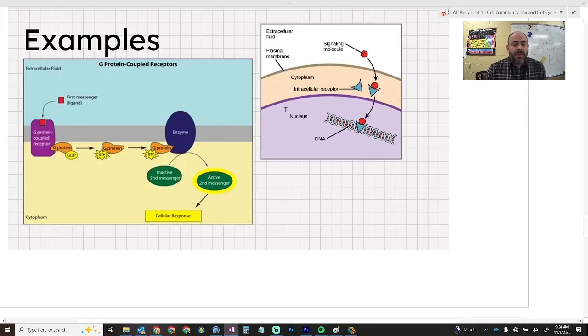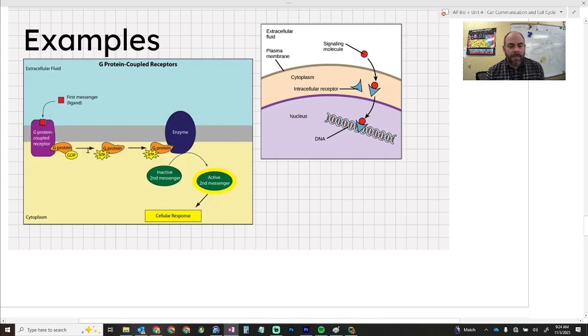The main example to talk about here is the G protein coupled receptors, G protein pathway. G protein is a very common messaging pathway in a lot of living things. It's one of those conserved processes that we talk about. G protein is found in a lot of living things. And so this is where you have the G protein, right here.